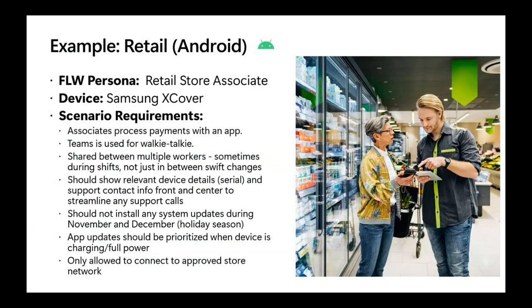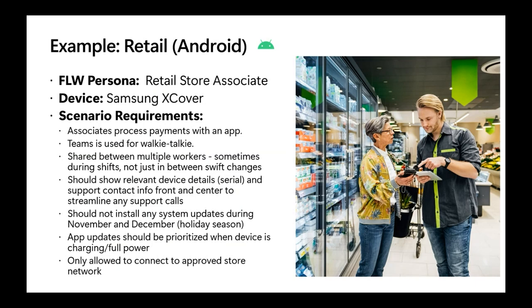So example number one, let's say you are configuring devices for a retail store associate. And let's say you're using the Samsung X Cover ruggedized series of devices. So we have a couple of requirements. We have to deploy certain apps. We want to use Teams for walkie-talkie.